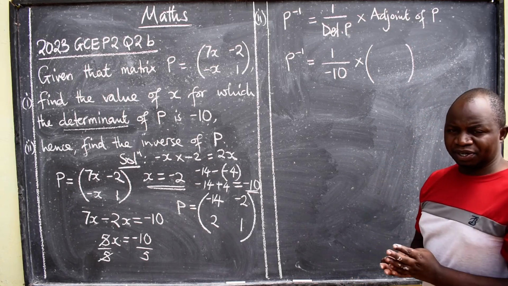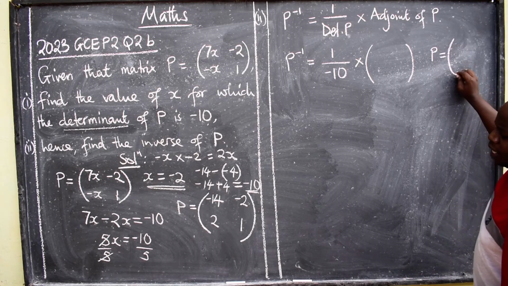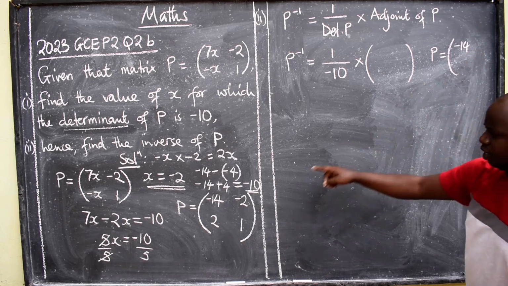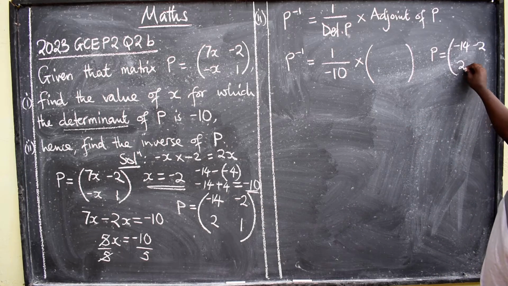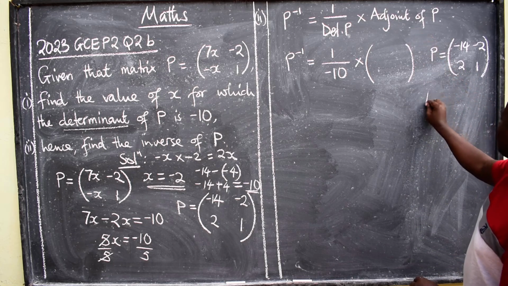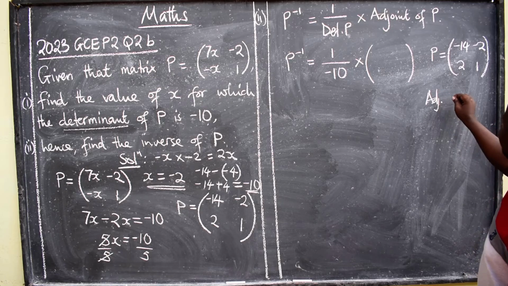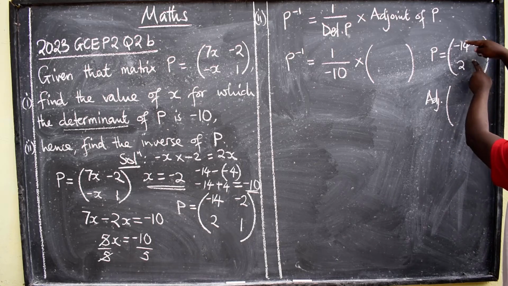Adjoint is a matrix. So now, if we say P is equal to -14, this is P here, then -2, then we have 2, 1 here. If this is P, then its adjoint will be like this. These are going to be swapped. 1 will take the position of -14. -14 will take the position of 1. So you swap these.